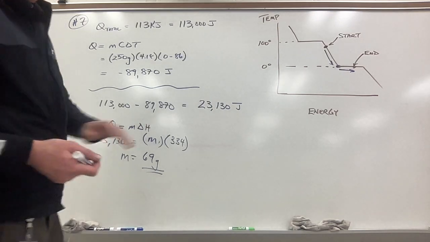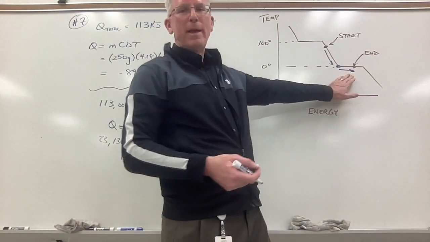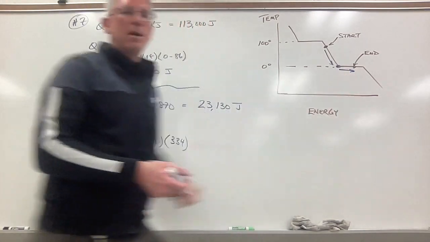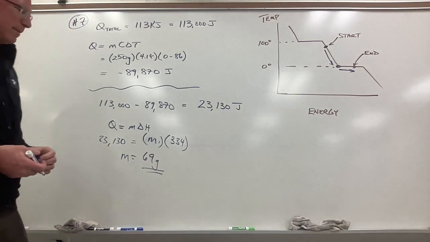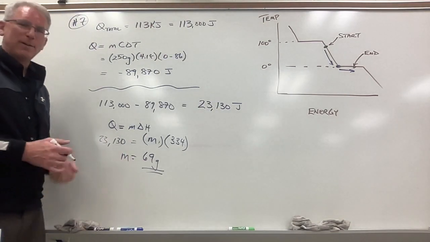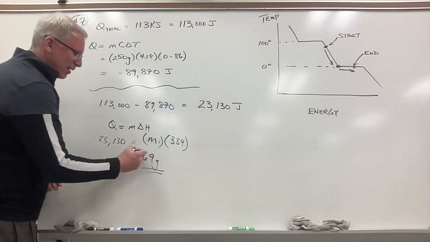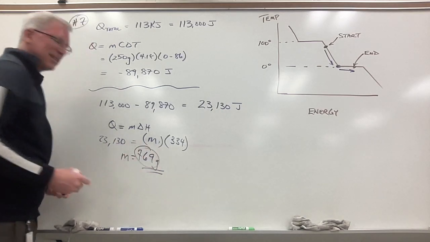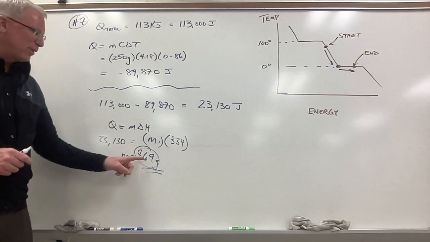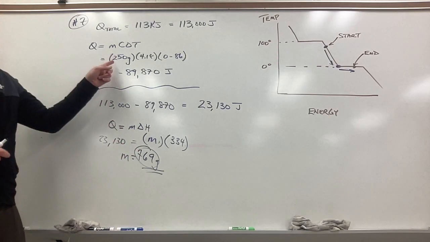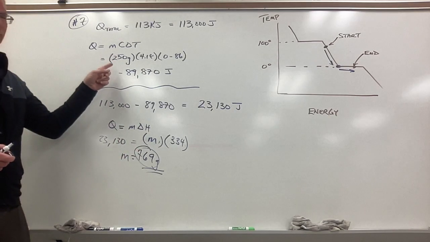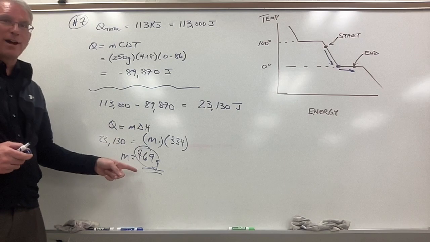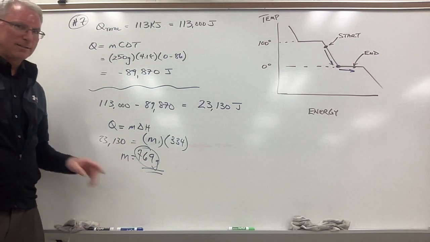Now remember, I made an assumption that I wouldn't make it the whole way. So the way that you'll check to see if you're right, if you got a mass of, say, this is theoretical, 769 grams, you have to go back and say, wait a minute, I only have 250, how did I freeze 700? That doesn't make any sense.